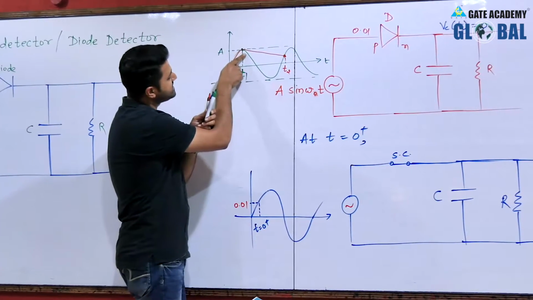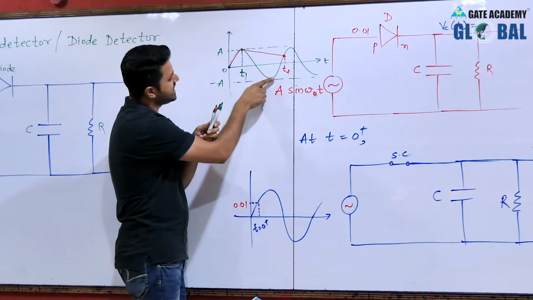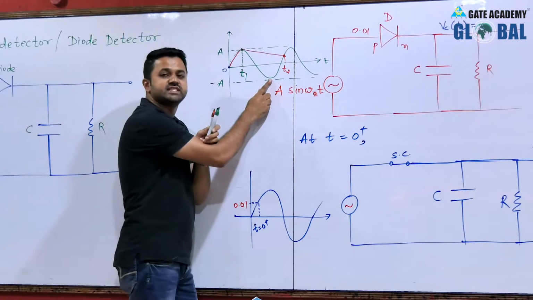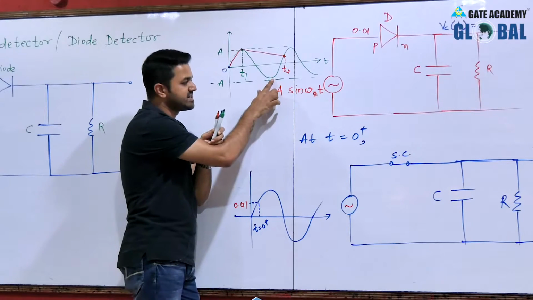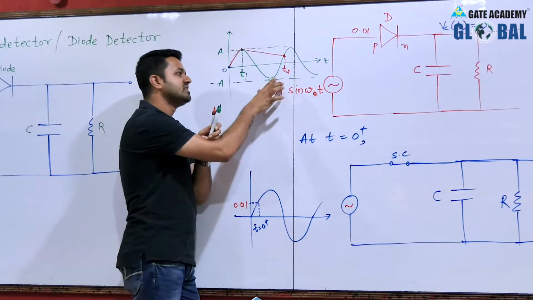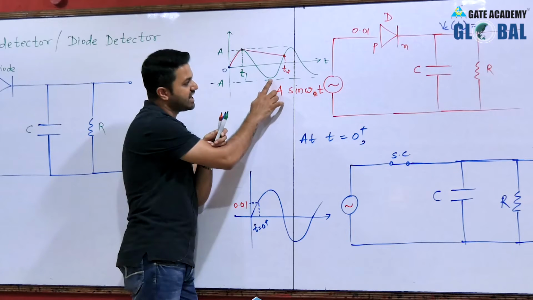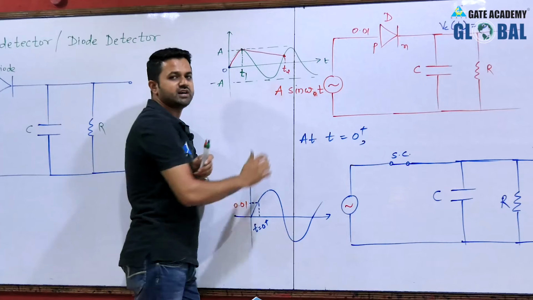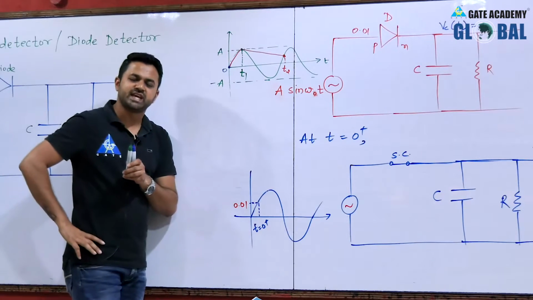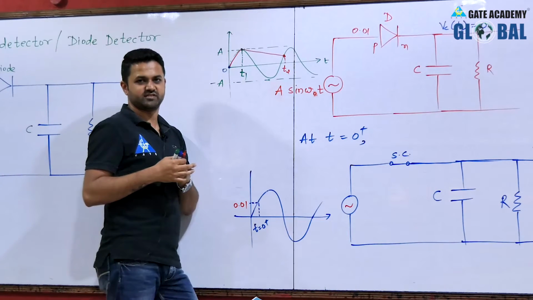The input is continuously decreasing, then it reaches the negative maximum, and after the negative maximum it starts increasing. There will be some point where the input voltage is equal to the capacitor voltage.